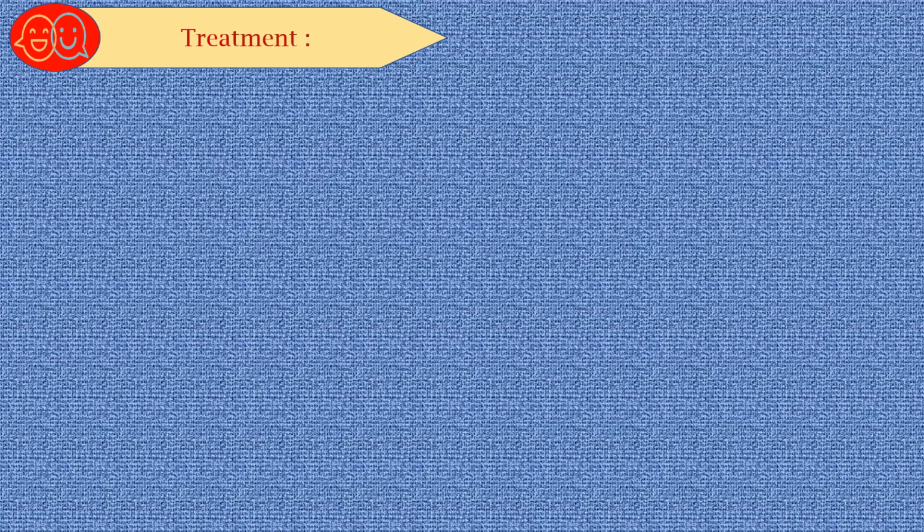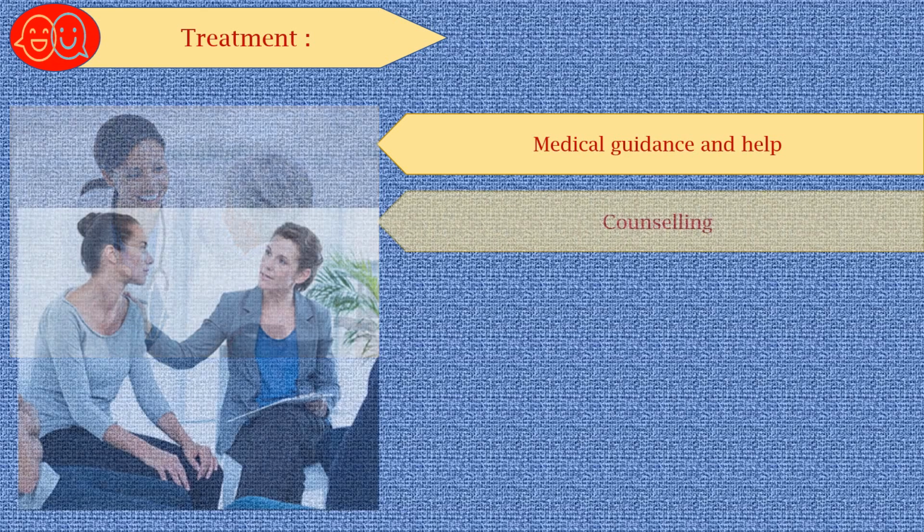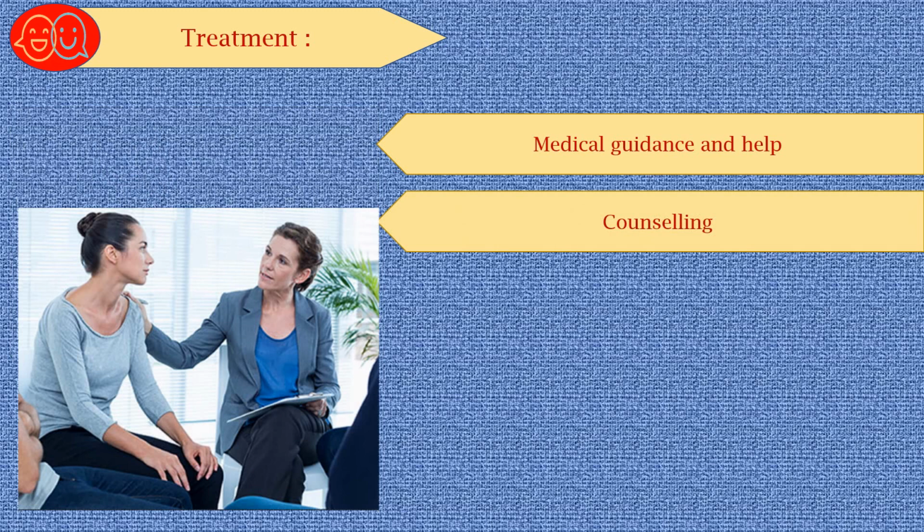Now, students, if a person is under stress, what treatment can we provide? So the treatment is medical guidance. A person under stress should be provided with proper medical guidance and help. Then proper counseling should be provided. Counseling allows people to discuss their problems and any difficult feelings they encounter in a safe, confidential environment.